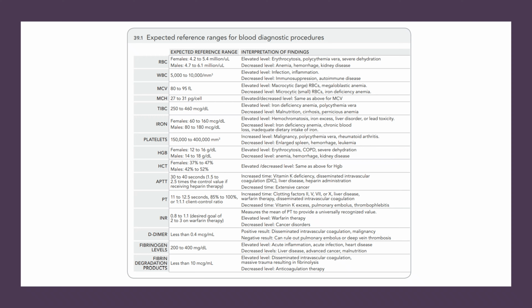The platelets, the thrombocytes, those are the teeny repair crew that help your blood clot and stop bleeding when you get a cut or injury. We have normal ranges, 150,000 to 400,000.